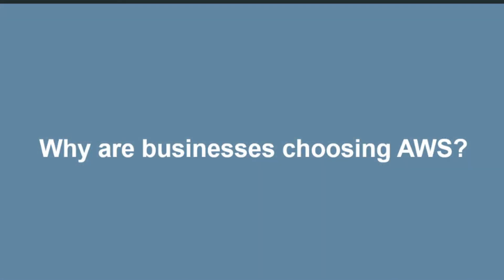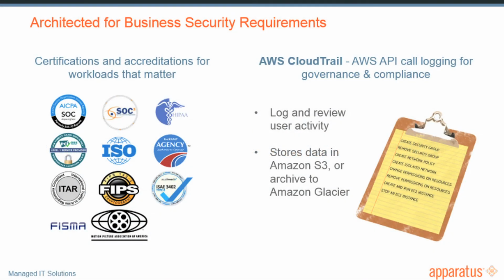So why are businesses choosing AWS? First, we should probably touch on security. It seems like there's a fairly common misconception that AWS isn't secure. In reality, Amazon has put a ton of time and effort into meeting and really even exceeding some of the most demanding security accreditations.